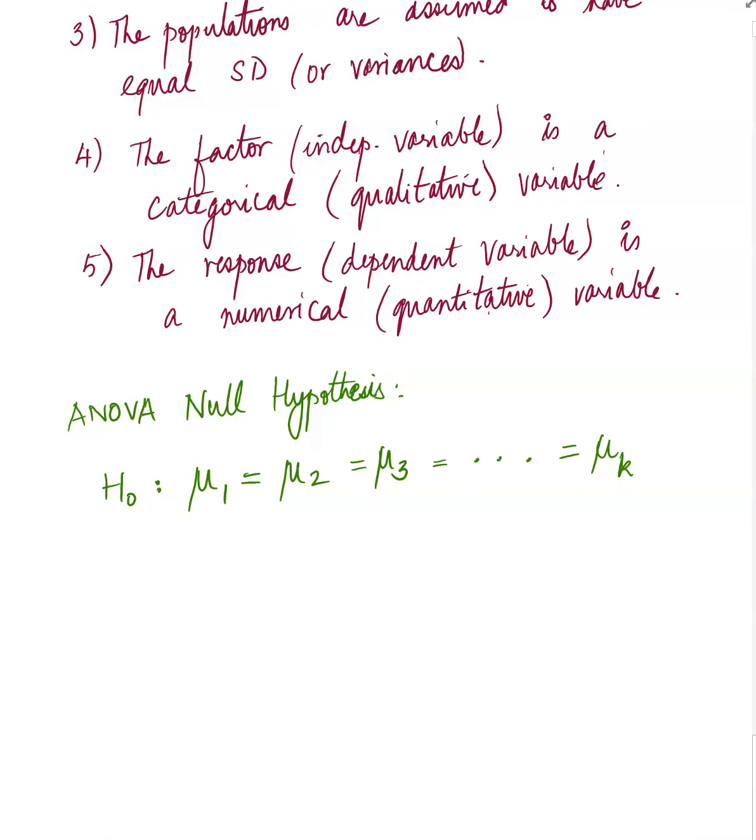And the alternative hypothesis is of course H1, and it has the inequality. So we say at least 2 of the group means are not equal.